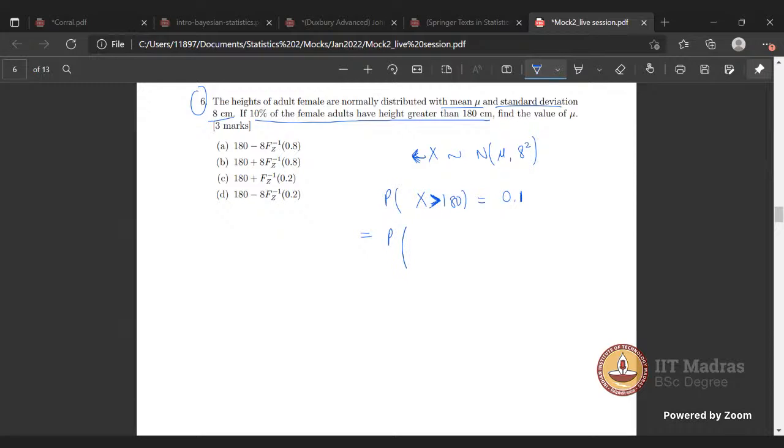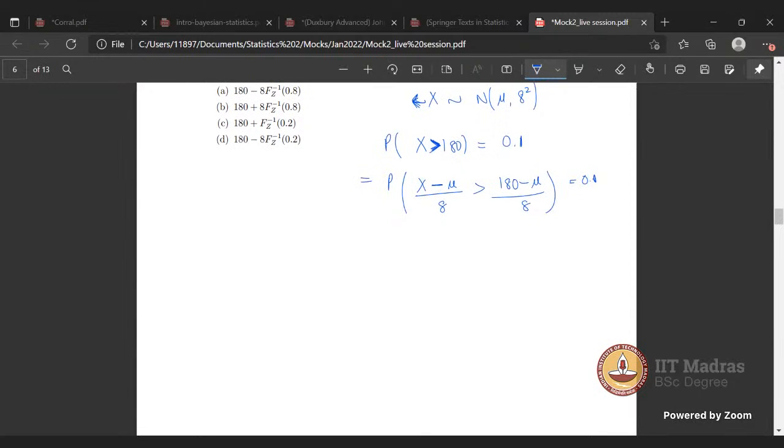So if I subtract its mean mu and divide by its standard deviation 8, and do the same on the other side, that is 180 minus mu divided by 8, this follows normal 0, 1. So I can write this as probability z greater than 180 minus mu upon 8 is 0.1.